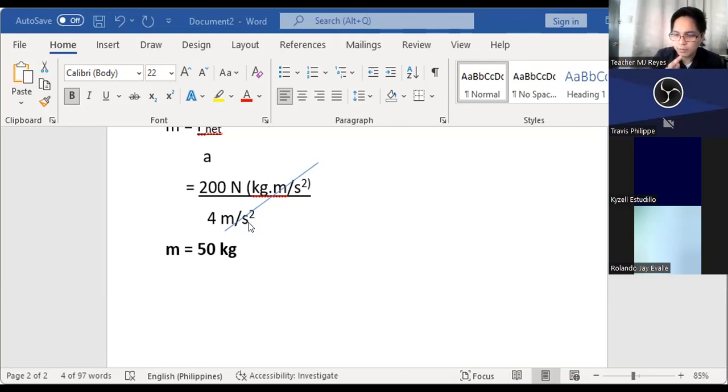Pi will always be 3.14. Newton will always be equal to kilogram meter per second squared. It will not change because it is constant. Do you have any questions so far?